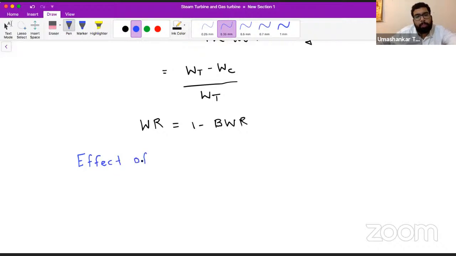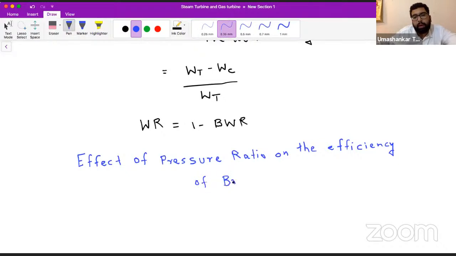The effect of pressure ratio on the efficiency of the Brayton cycle. So what is the effect of this pressure ratio on the efficiency of the Brayton cycle?